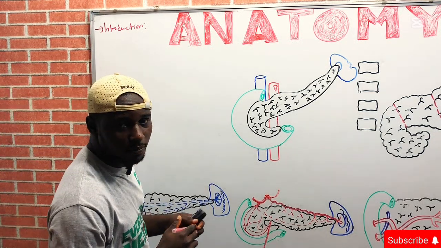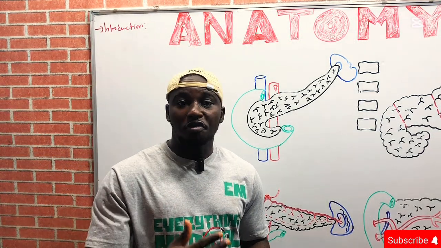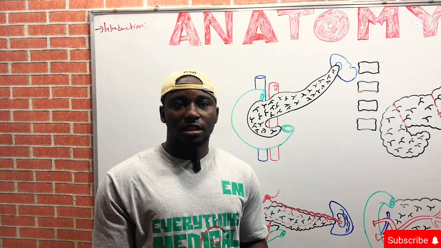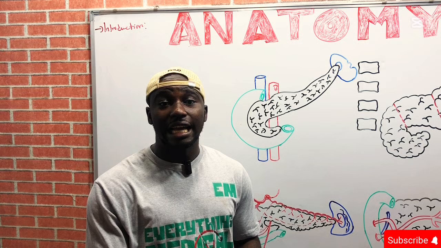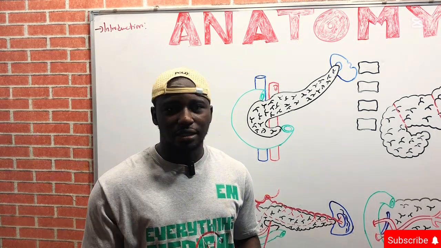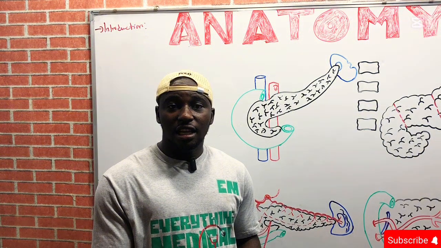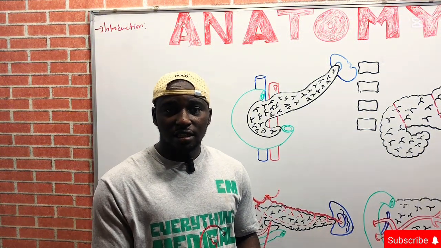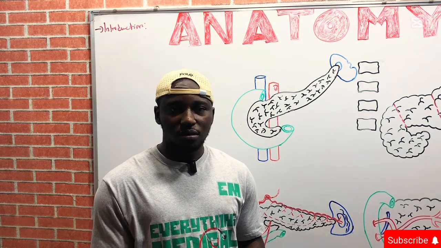What is the pancreas? The pancreas is a soft, finely lobular, elongated exoendocrine gland. That is the concept of the pancreas.